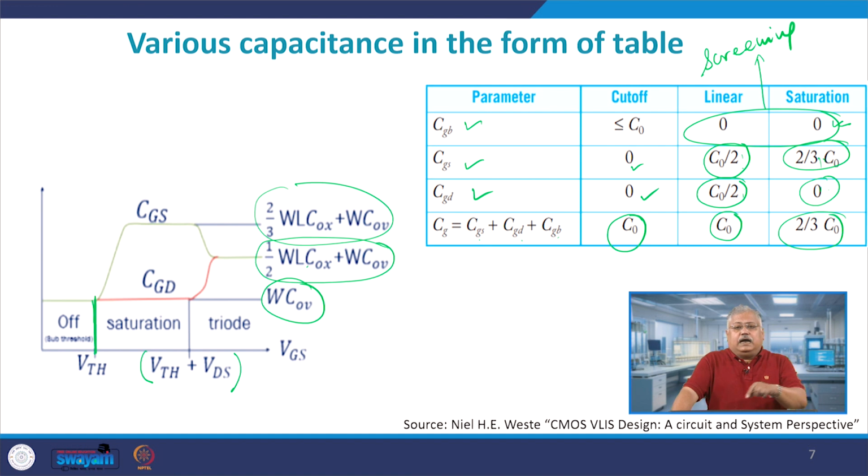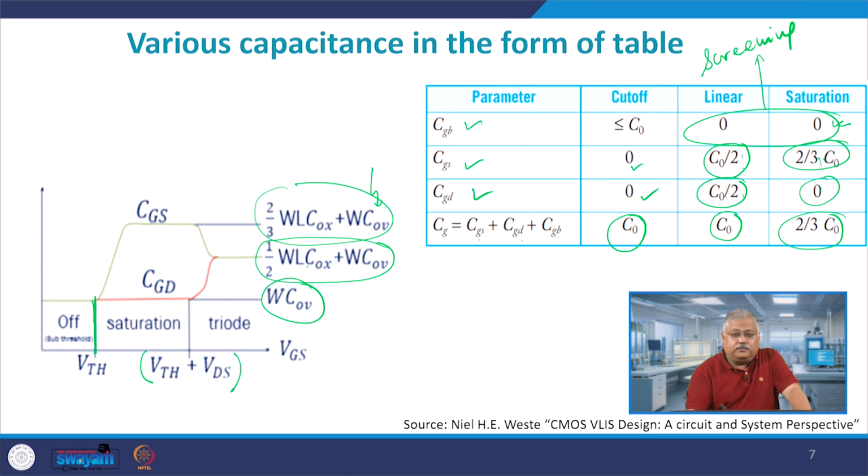Now if you look at this graph on the left hand side, it tells an interesting story: since the capacitance is bias dependent, you end up having values depending on the Cox value. So one parameter which goes common across the board is your oxide capacitance.